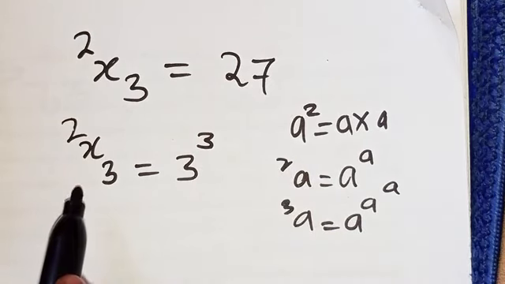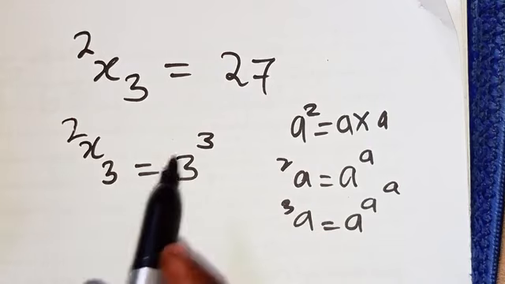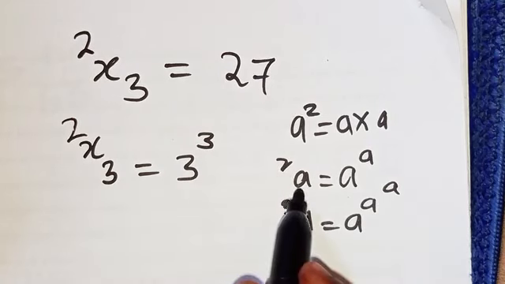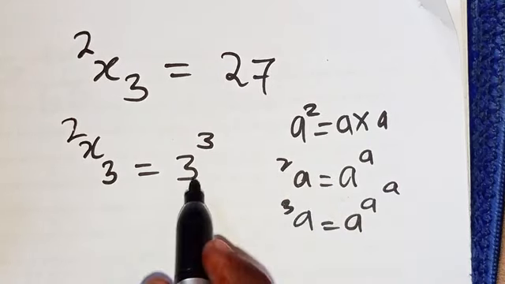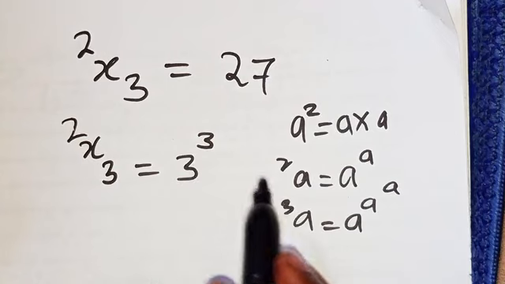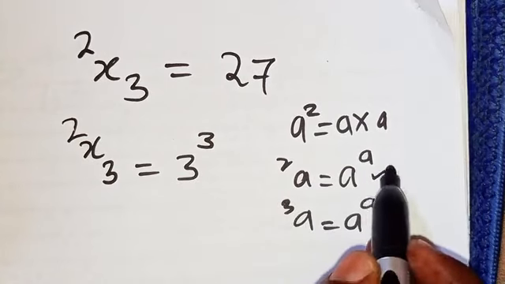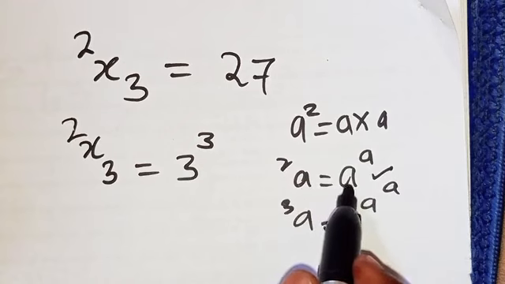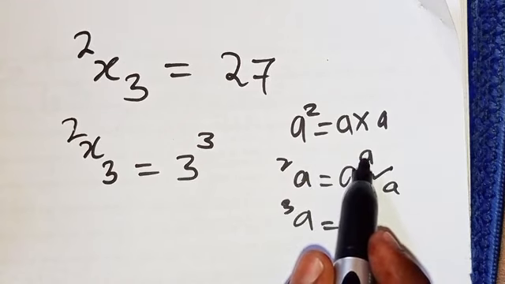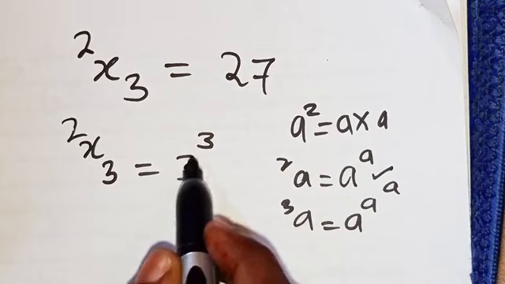Now since we have the left hand side in tetration form, and according to what we have here, can you see 3 raised to itself? Let's relate it with this one here, that is a tetration 2 equals a raised to power a. So now we have 3 raised to power 3.